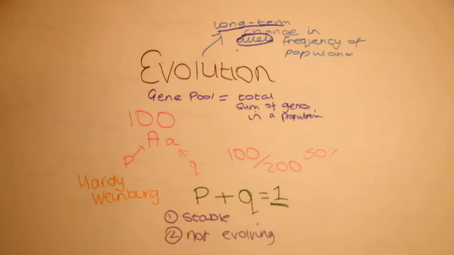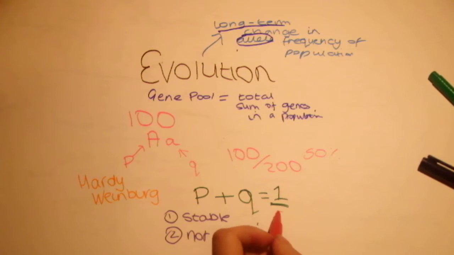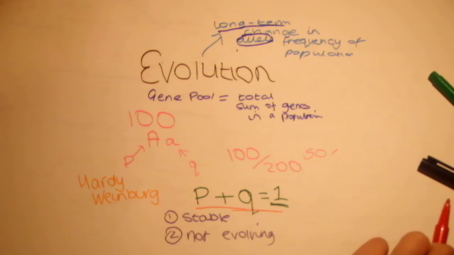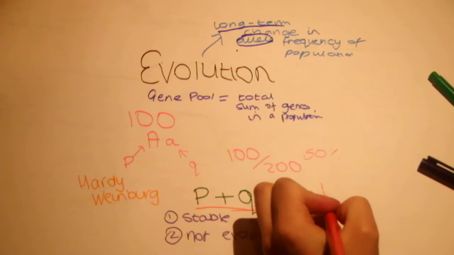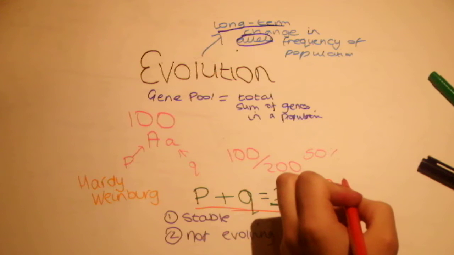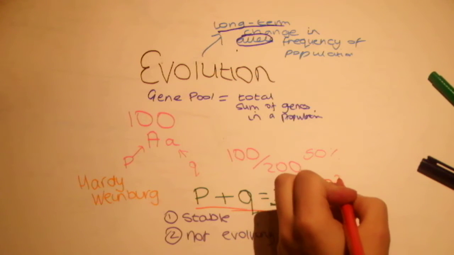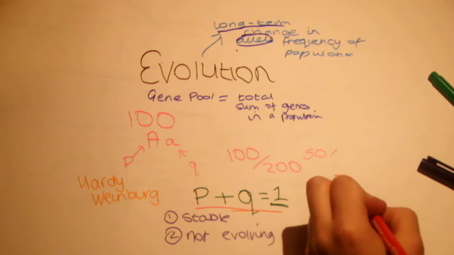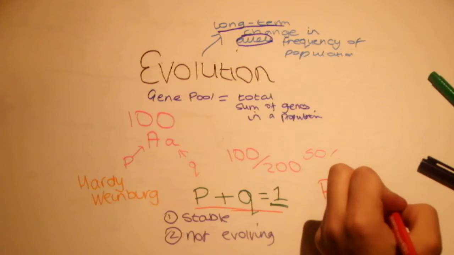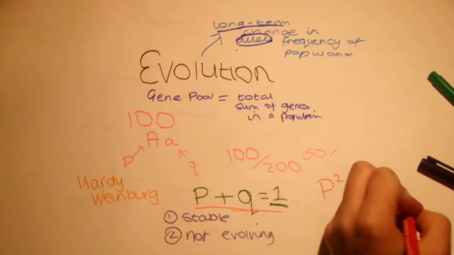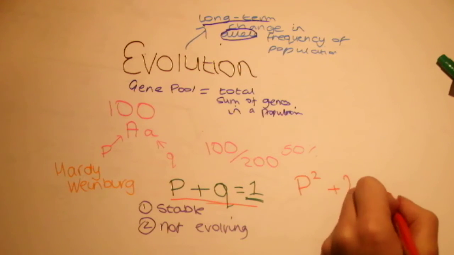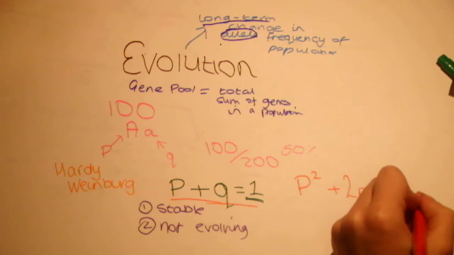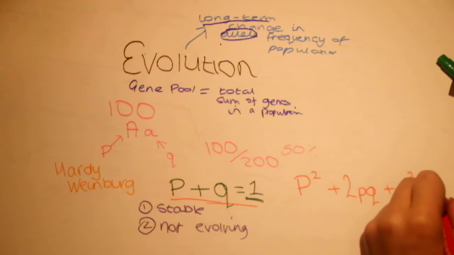So we've got this here, which is the basics, and then its actual equation is P squared plus 2PQ plus Q squared equals 1.